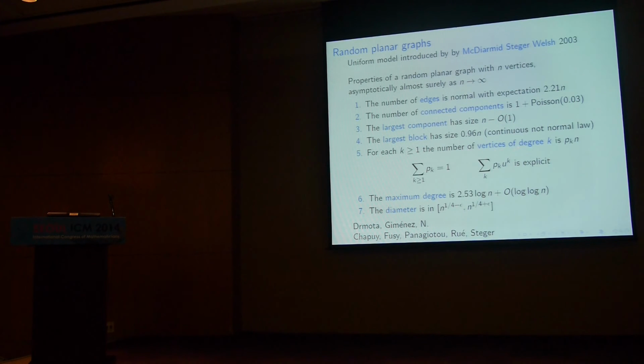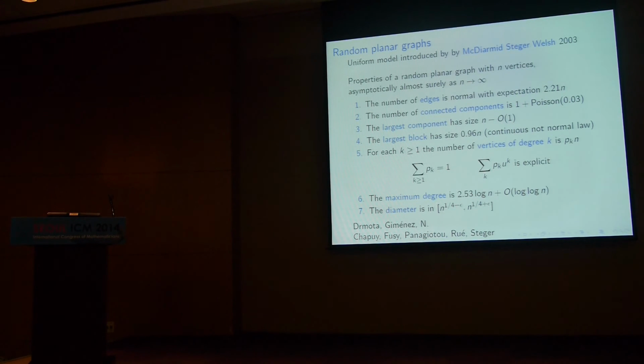For each k, the number of vertices of degree k is linear, and this gives you indeed a discrete distribution for the degree distribution. And this function is explicit, but I think it took us about 4 pages of LaTeX to write it down. The maximum degree, and this is something very recent that we established with some people here, is log n with a given constant, and it's really concentrated on log n.